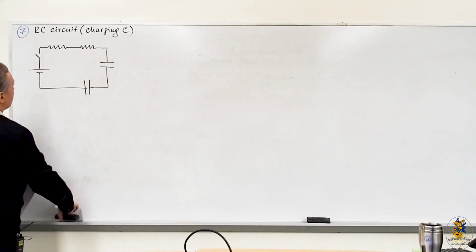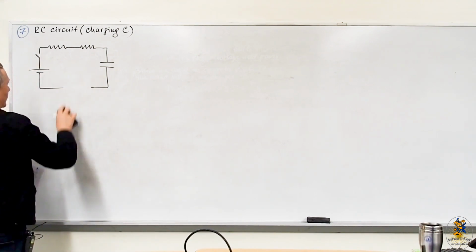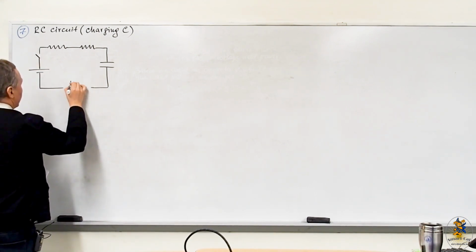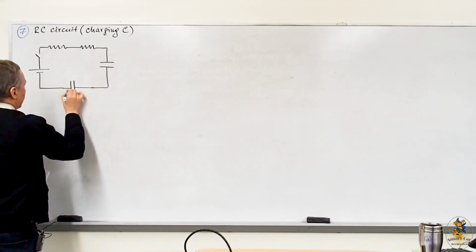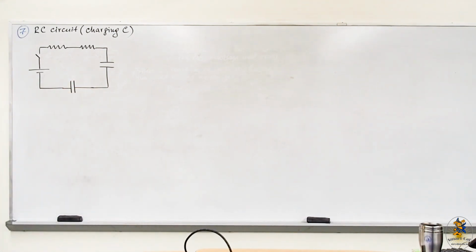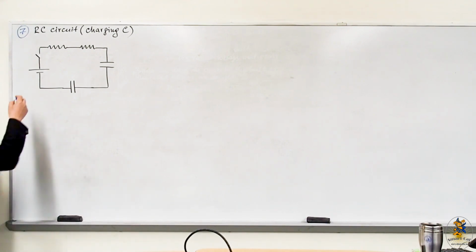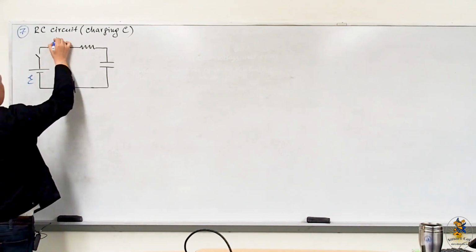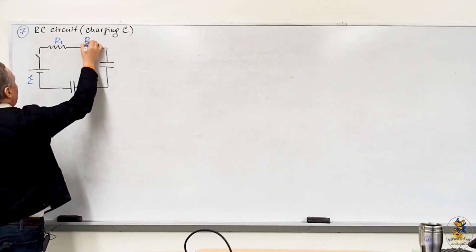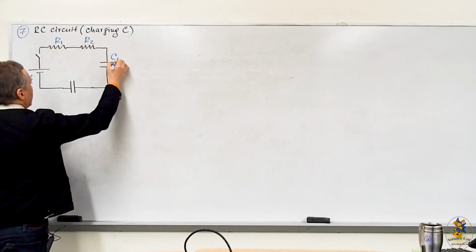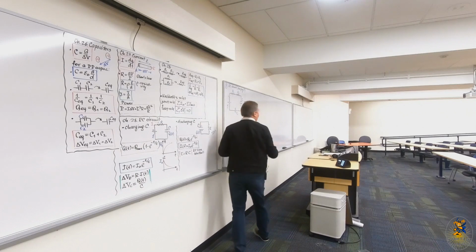You know what, I don't like it's to the side. Let me put it closer to the middle. So first this is EMF, then R1, R2, then C1 and C2.